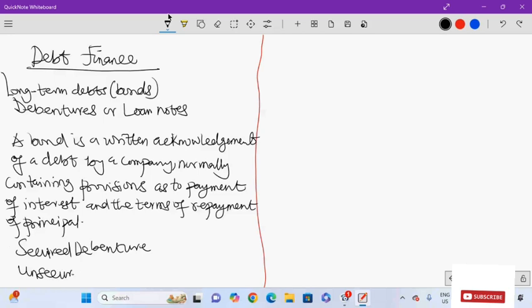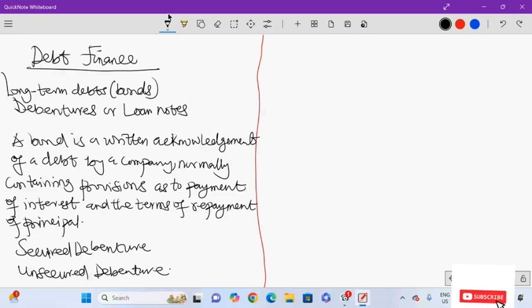What do you mean by secured debenture? As the name goes, you are securing it, using property to secure it.